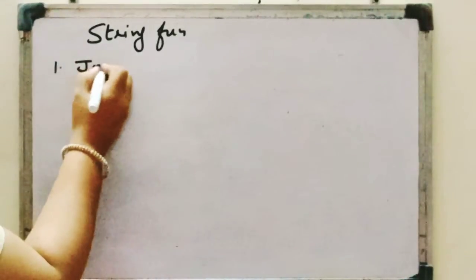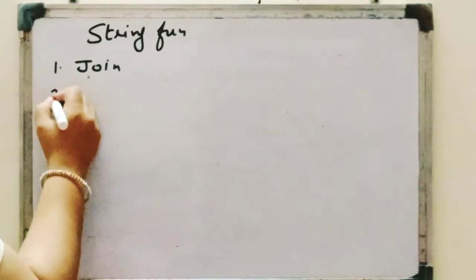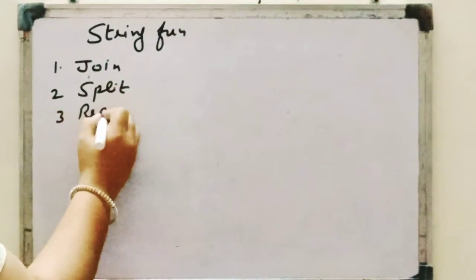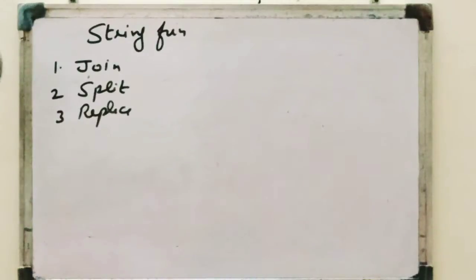First is join, second is split, and third is replace. So how can we use them?